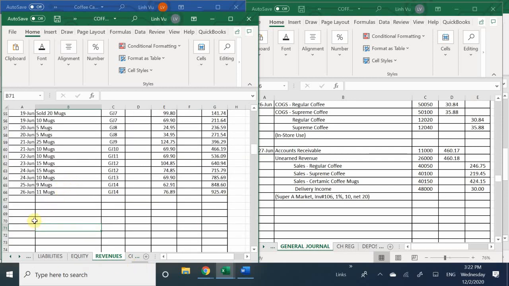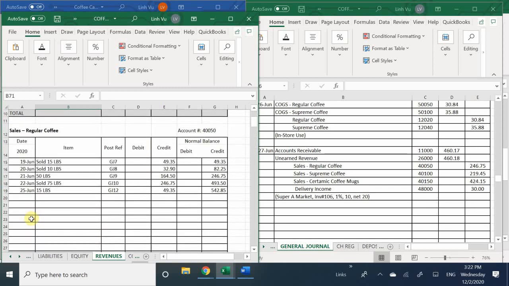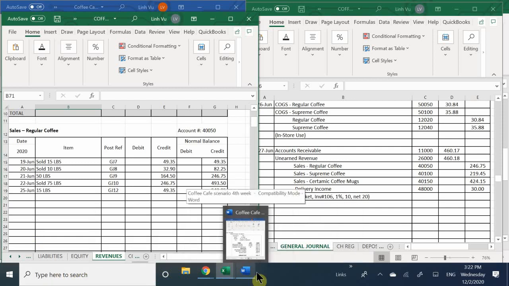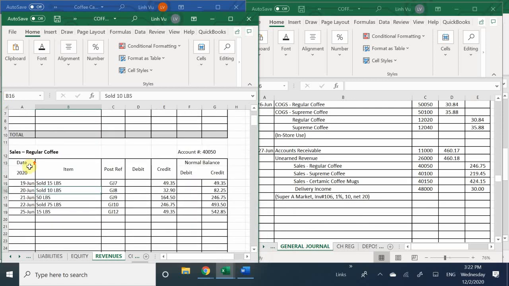Okay, so going to revenue. Under the regular coffee, there it is.